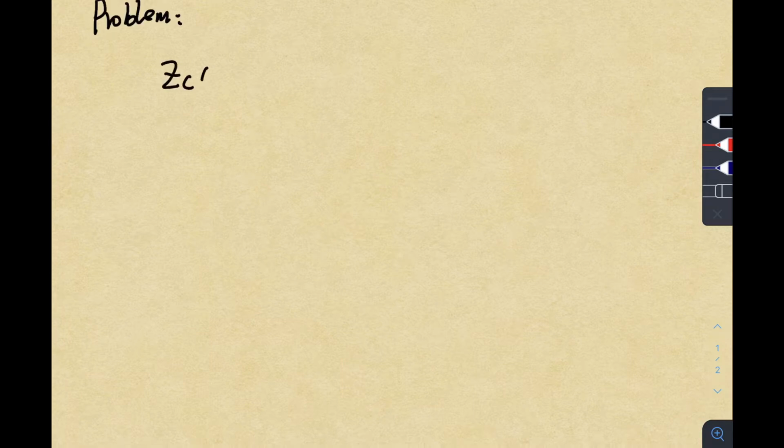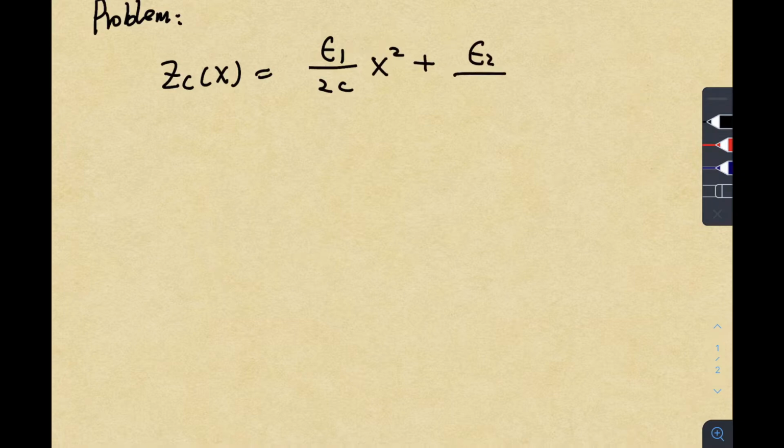consider an airfoil that has a camber line, z_c(x), with the expression epsilon 1 over 2c times x squared plus epsilon 2 over 3c squared times x cubed.